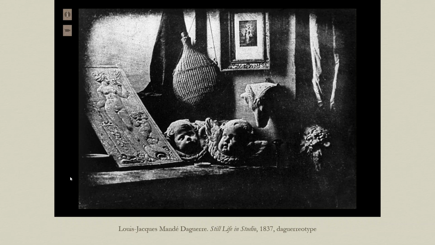So I'll go through that again. The daguerreotype: you take a very finely polished silver plate, and you put it in the camera. You let light come and create the image.